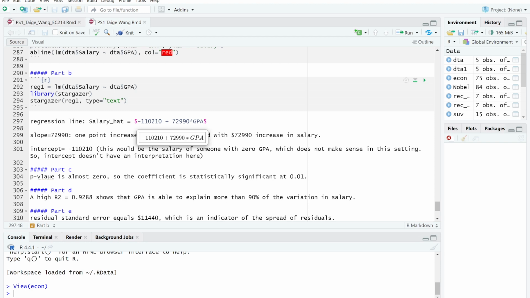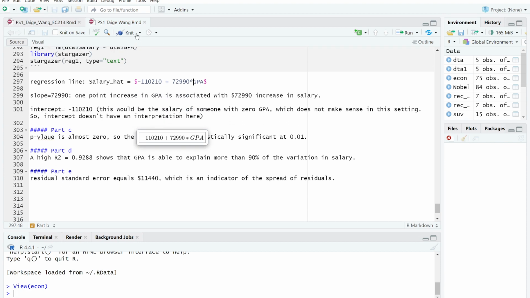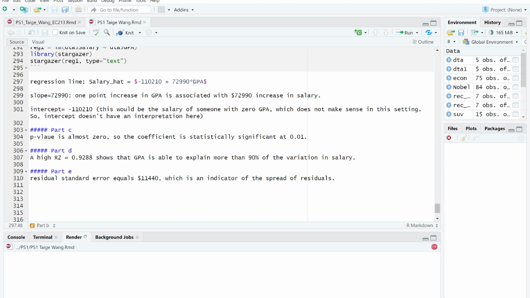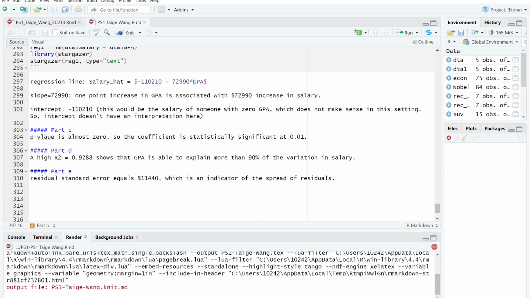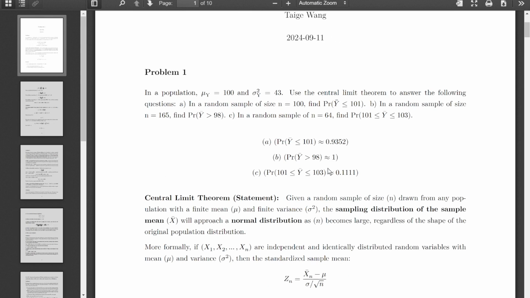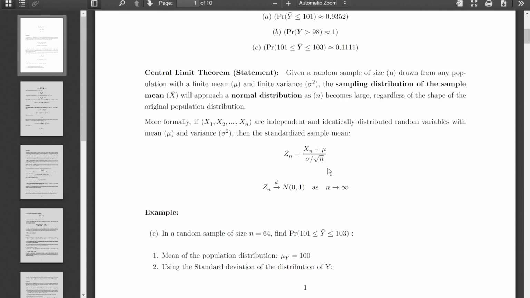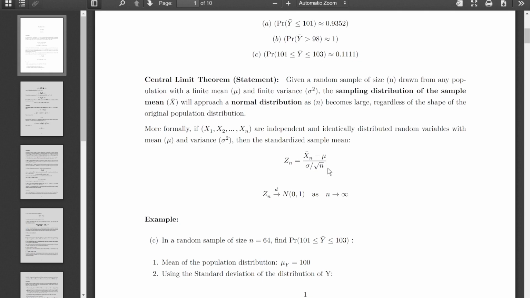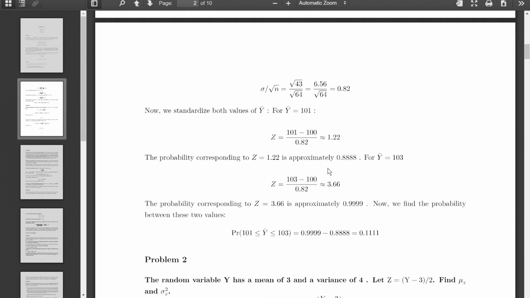If you want to do this in a better way, you can also use LaTeX. Hit knit to PDF. And when you finish, you can submit this. You have all your answers, you have everything here.